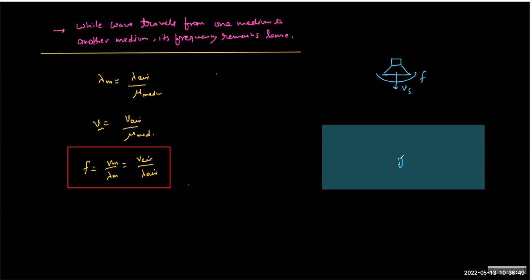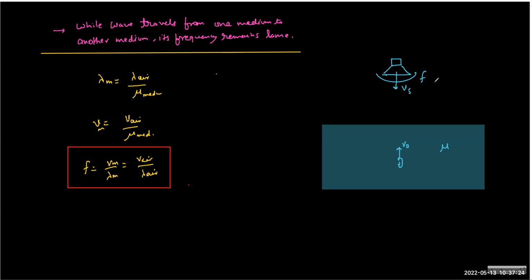So the listener is moving, let's say, v naught, and the refractive index of medium is mu. So you have to use the concept of optics that if we have two different mediums, then what is the apparent velocity of these two parts? So what is the wavelength it will receive, and so on.